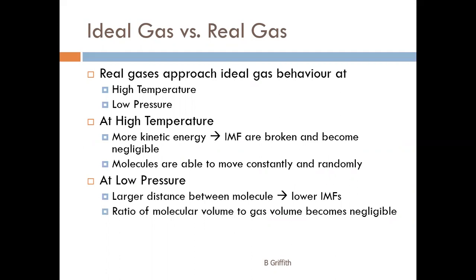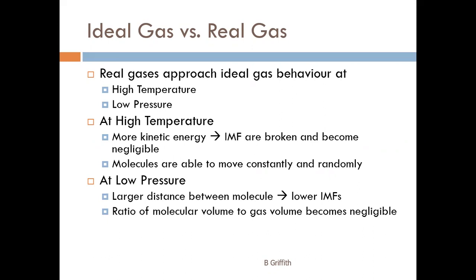At high temperature, our particles are going to be moving more quickly because they've gained more kinetic energy, and this high temperature will cause the intermolecular forces to be broken, so that intermolecular forces become negligible and particles are able to move almost independently of each other. Similarly, at low pressure, there is a larger volume in the gas because it's not compressed into a small space.